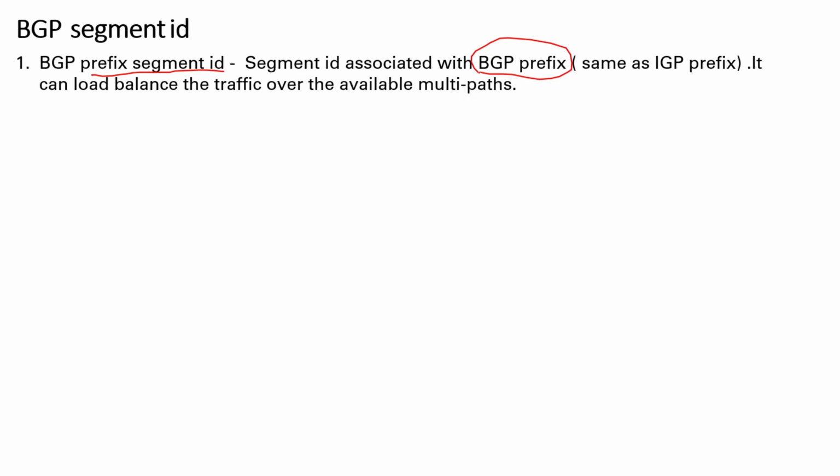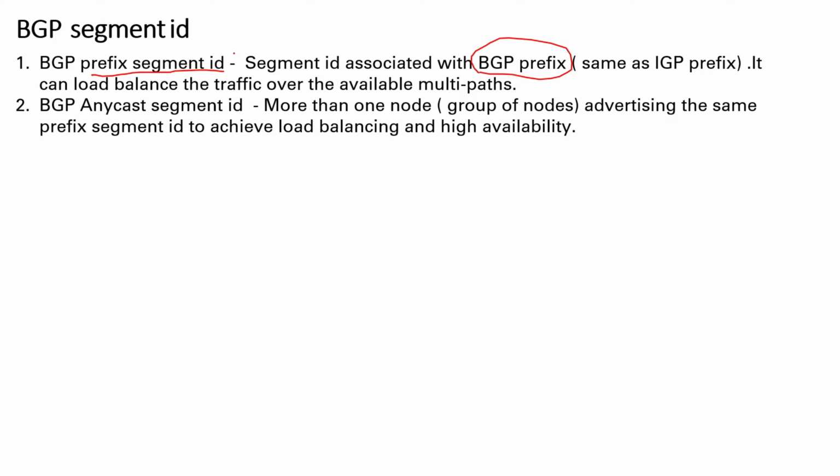Whatever prefixes BGP advertises, these segment IDs will attach to those BGP prefixes. Then anycast segment ID is the same for more than one node, or a group of nodes, those advertising the same prefix segment IDs to achieve load balancing or high availability, same as what we saw earlier for the IGP case.